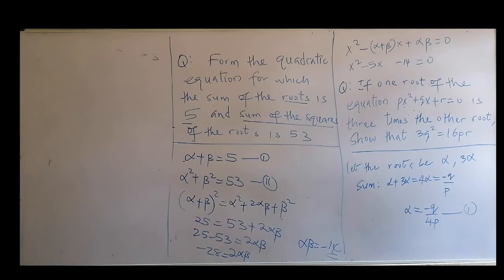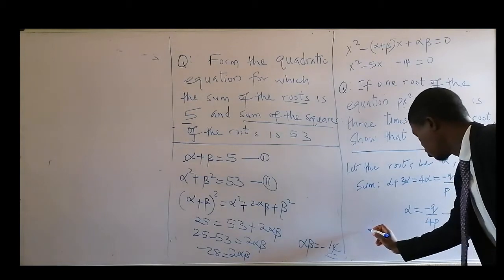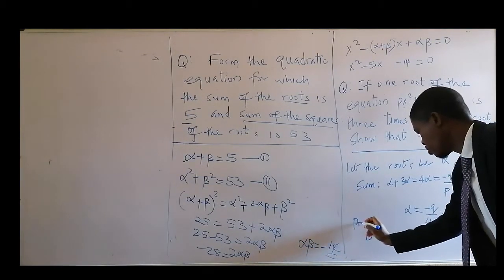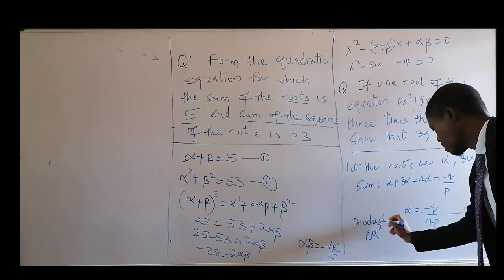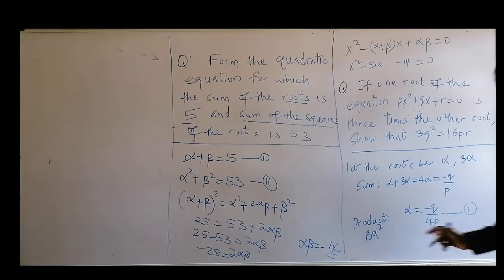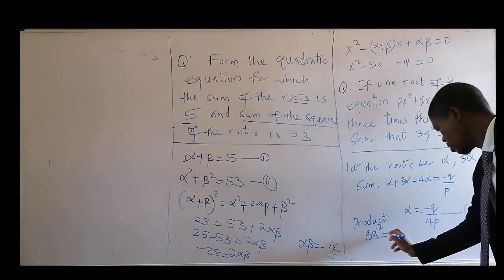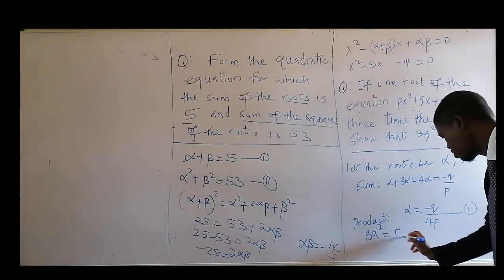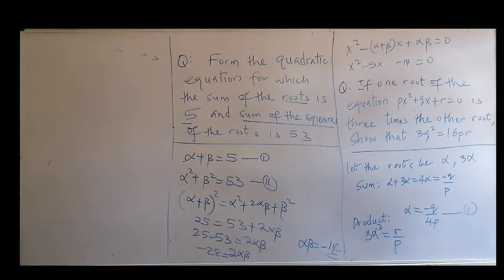Call this one 1. Let's get the product. The product will be alpha times 3 alpha, that's 3 alpha squared, equal to c over a, that's r over p. This is equation 2.